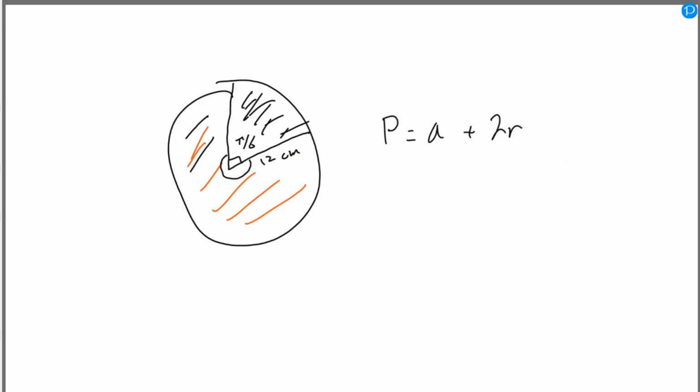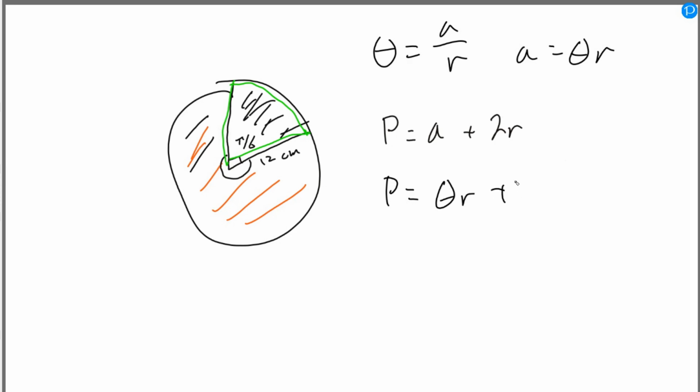So that's referring to the arc length here and the 2 radii here. So we weren't given the arc length, but we have the radian measure and the radius, so we can find the arc length. So perimeter is equal to, remember, theta equals arc length over r. So therefore arc length equals theta r. So perimeter is equal to theta r plus 2r.